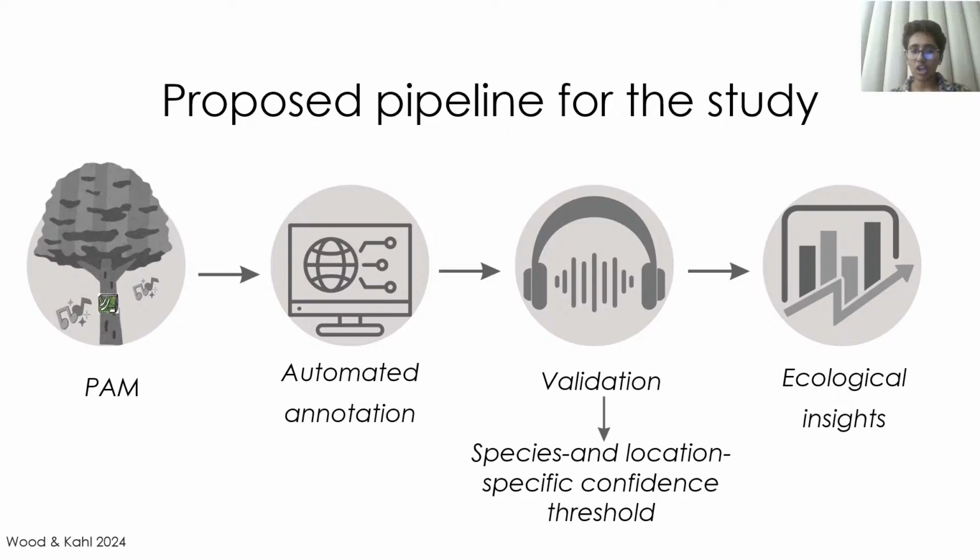Then we use a logistic regression model to relate the binary outcome of the validation process to the confidence scores and obtain the confidence score threshold beyond which a desired probability of detections are correct. So this will give us a species and location specific threshold. All the detections beyond this threshold value can then be used to gain ecological insights.